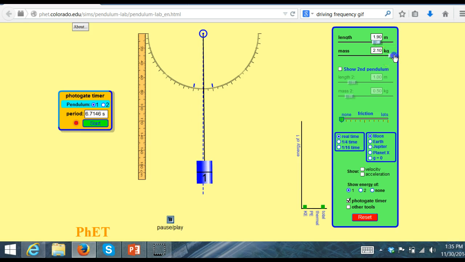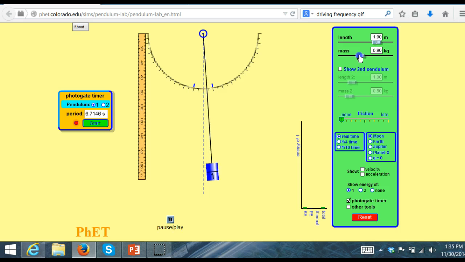And so let's say, I bet if I reduce the mass, it'll change the period of my pendulum. That first one was 6.7, so I'm going to start this one. There we go. Nope, sure enough, that mass didn't change it.